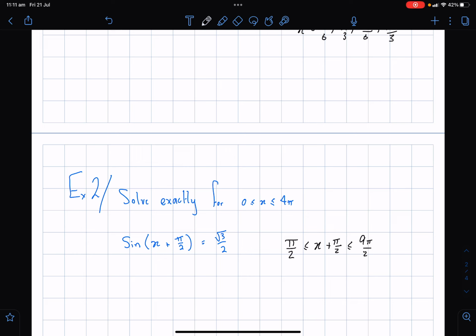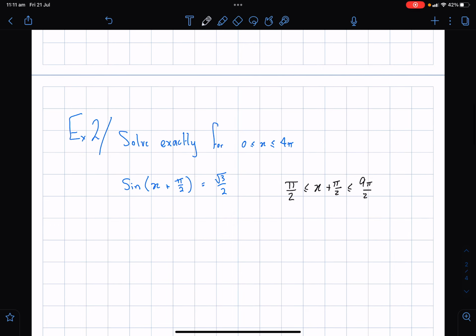So you can see how our domain has actually changed quite differently and makes it a bit more complex than our previous question. So again, we're going to look at what sine values give me positive √3 on 2 from pi on 2 to 9 pi on 2. So pi on 2, we keep going. So our first answer, we've got x plus pi on 2 is equal to 2 pi on 3. That's my first one in our domain.